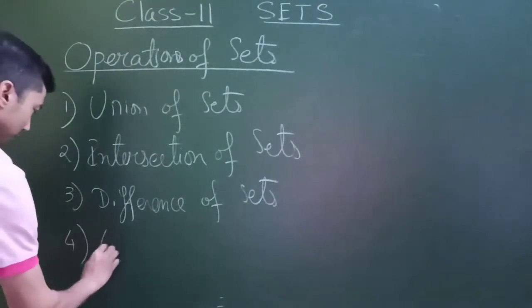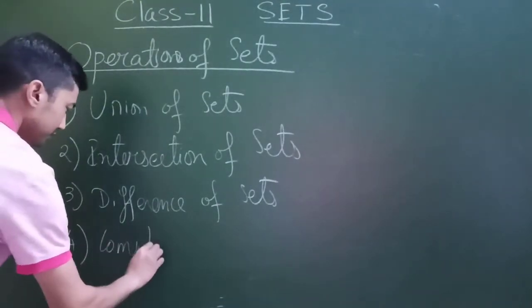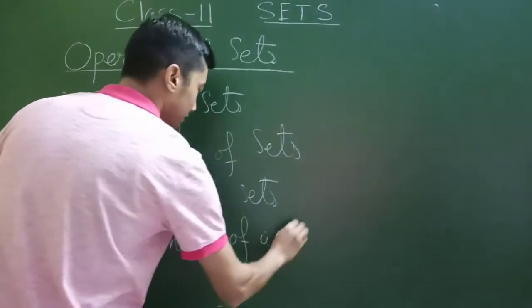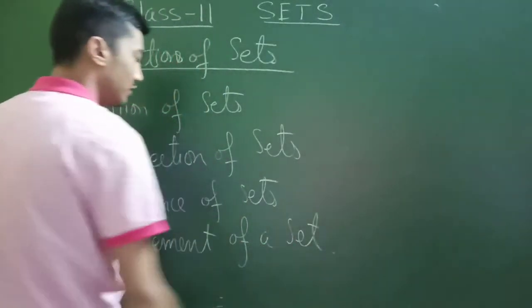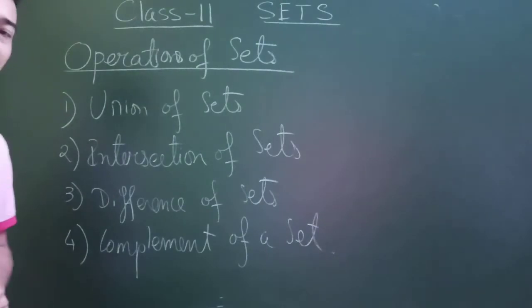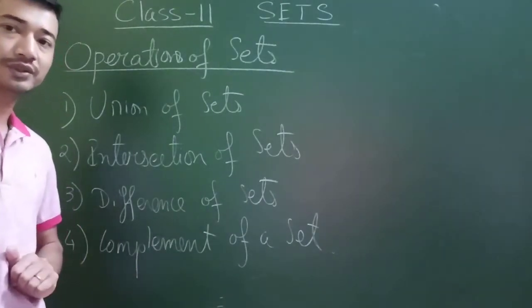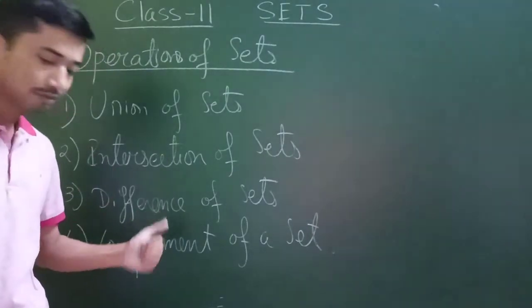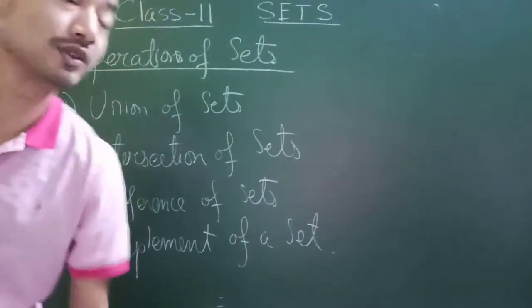And the fourth operation will be complement of a set. So these are the four operations that today we will quickly try to wind up in a very short video: union, intersection, difference, complement of a set. So let's begin with union of sets.